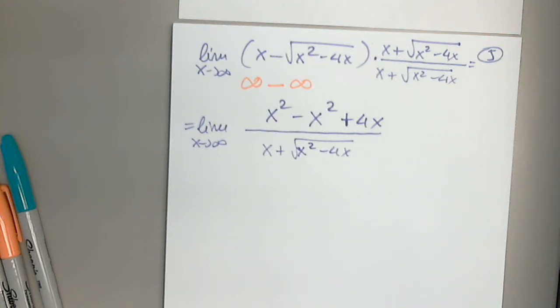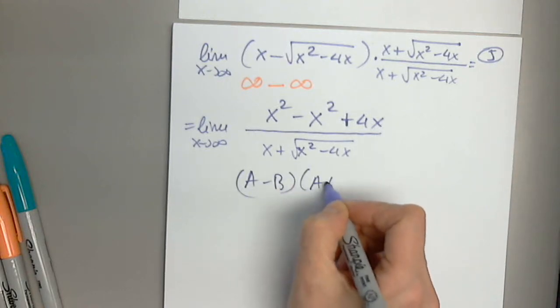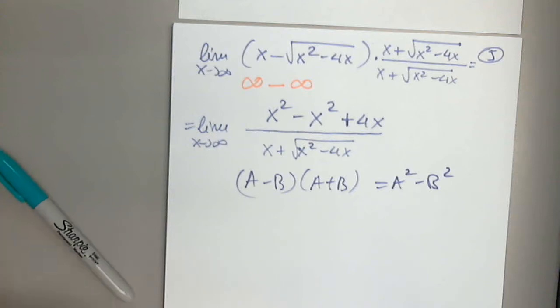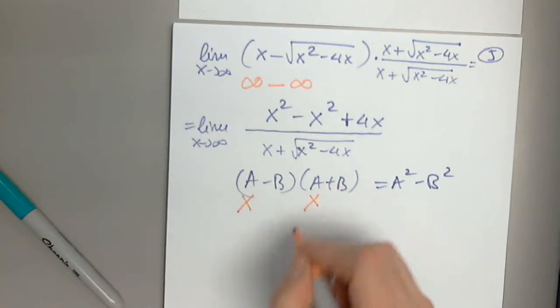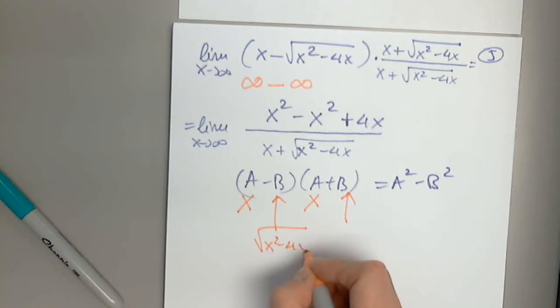Do you not put the x minus in front of the x squared? Like, wouldn't it be x minus x squared for the numerator? So I have a minus b times a plus b, which is a squared minus b squared. This is x, and this one is the square root of x squared minus 4x.